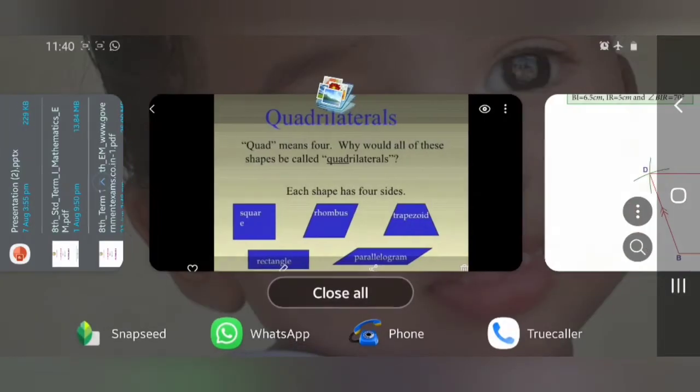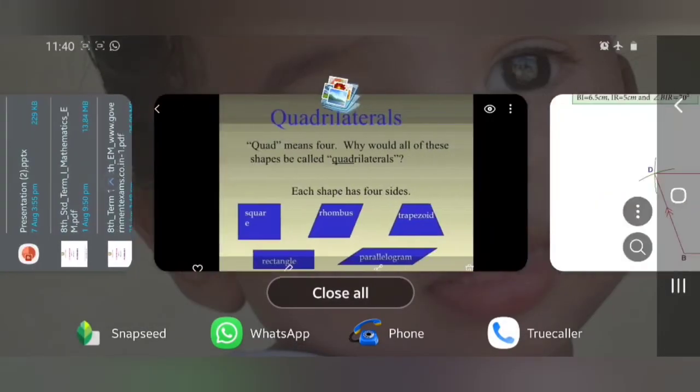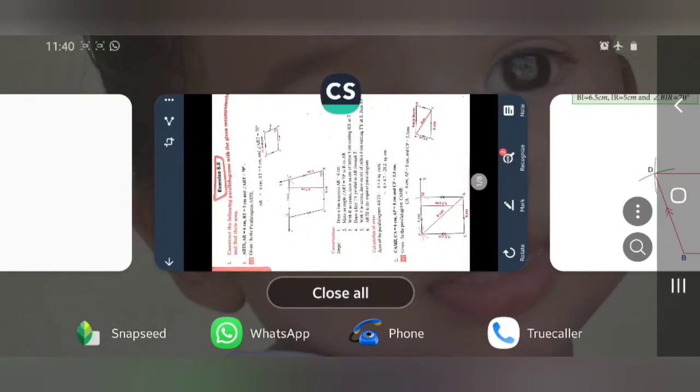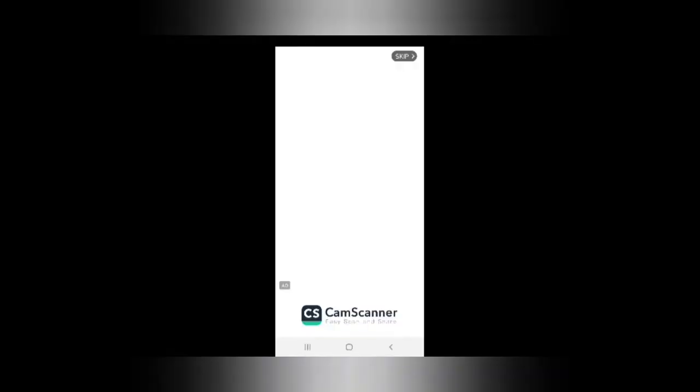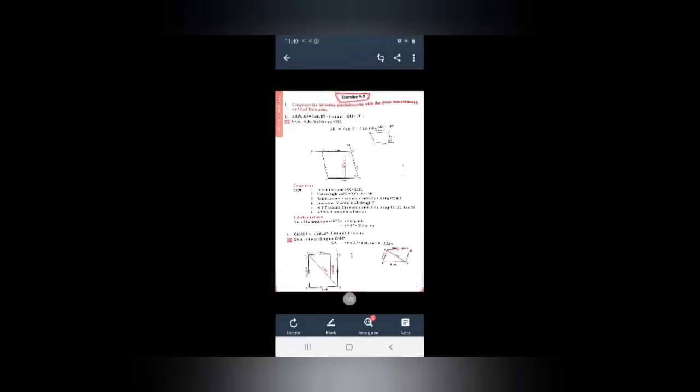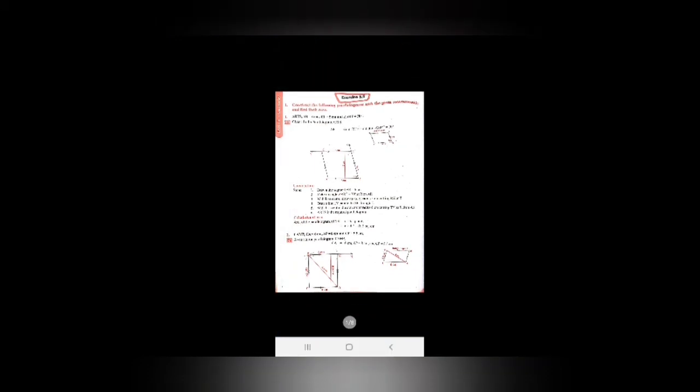So I will do the exercise sum. In the exercise sums, you can see here: construct the following parallelogram with the given measurements and find their area.